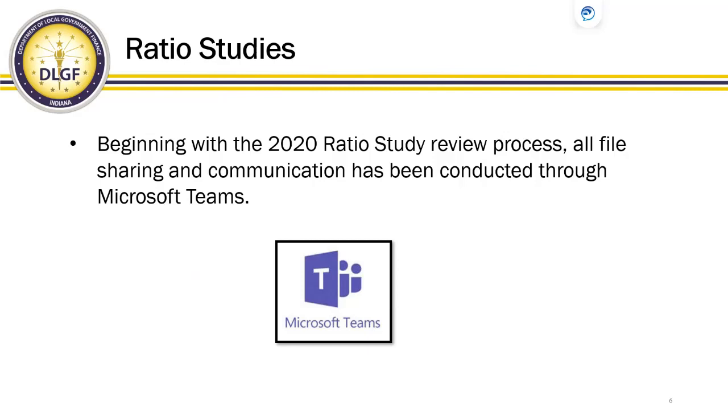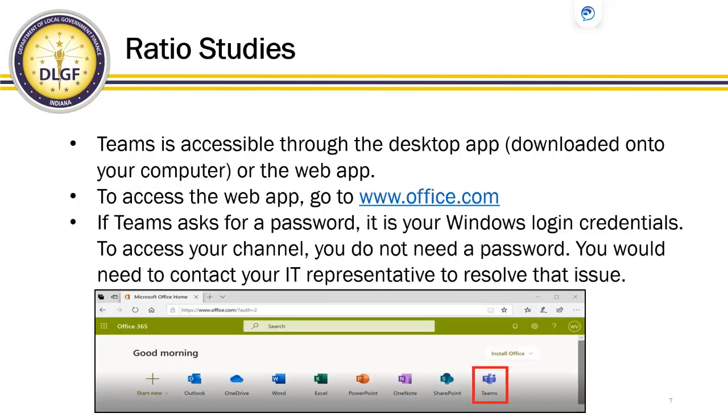We also found that submitting the ratio studies via Microsoft Teams improved our communication and the timeliness of our responses. So we found that the past couple of years, it's been a very effective way for counties and their vendors, if they have one, to submit their ratio studies to us. And the communication has helped enhance the efficiency of our review and approval process.